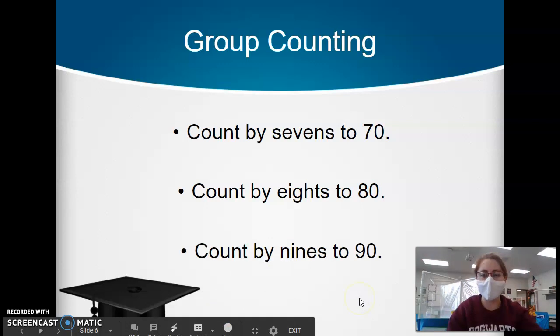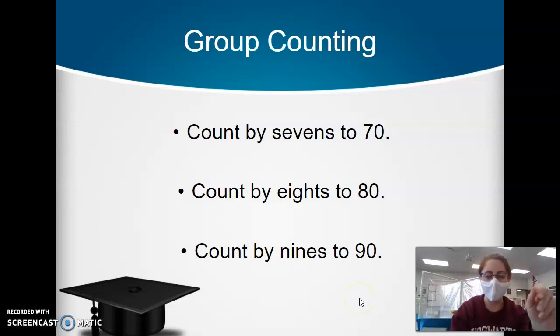All right, 9s to 90. We're going to try our trick with our hands. All right?